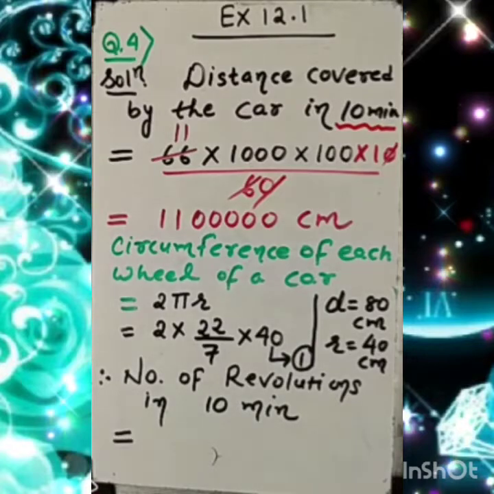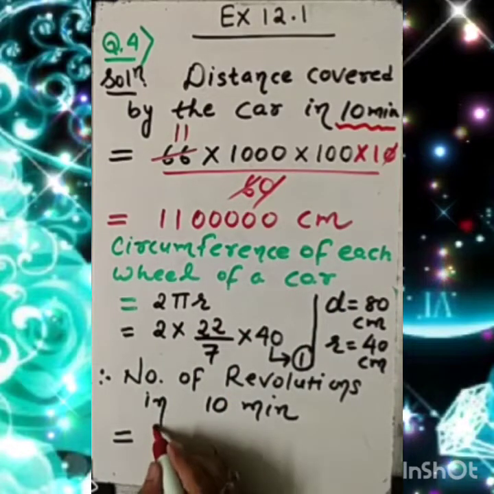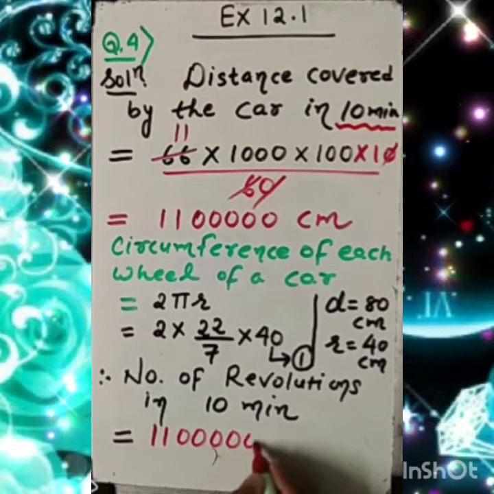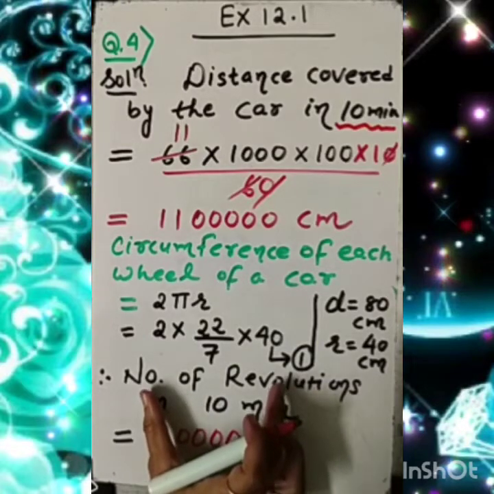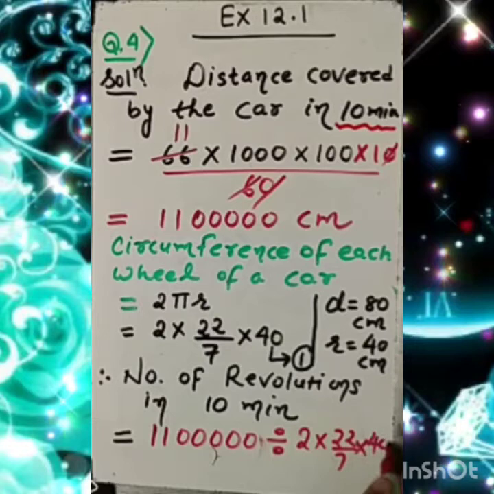When we divide the total distance by the circumference of a wheel, means with this full term, I am mentioning it here: 2 into 22 by 7 into. Why I have not simplified it, that also I am telling you. It will make your work easier. So here I am mentioning this much portion. Let's complete the solution.